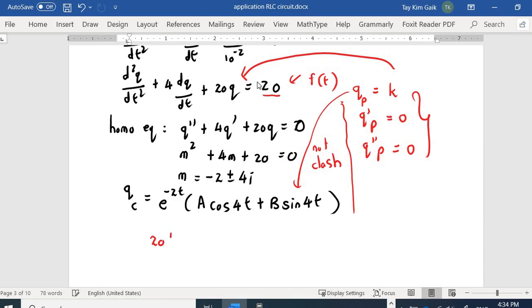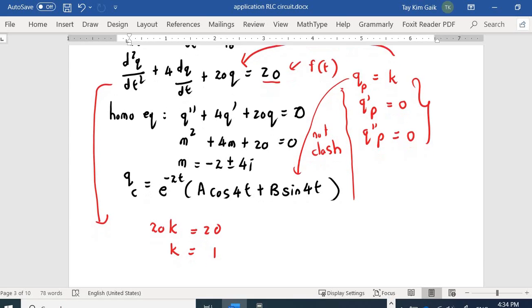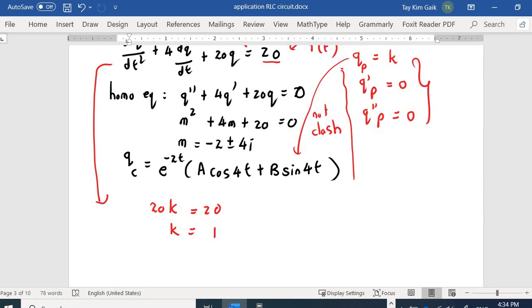So 20K equal to 20, which means K equal to 1. For this case, q_p is actually 1. Q particular is equal to 1.